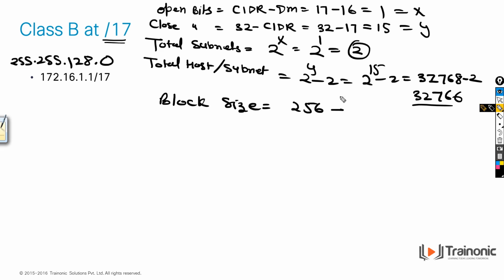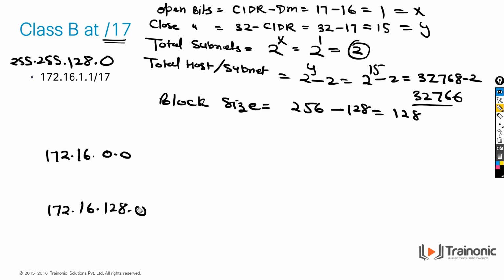Then what we have to do? Subtract 128, then your block size is 128. Then we have to start with 172.16.0.0, then 172.16.128.0.